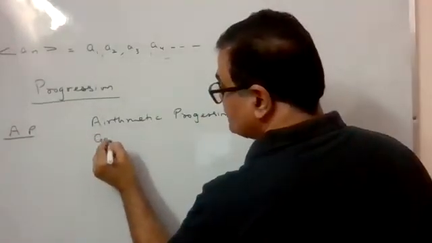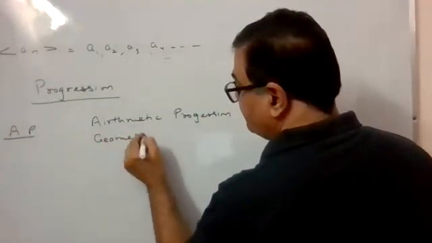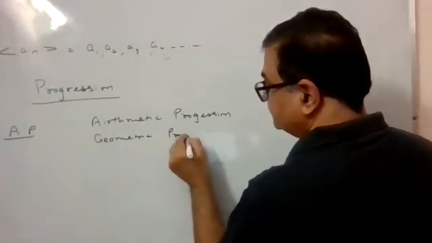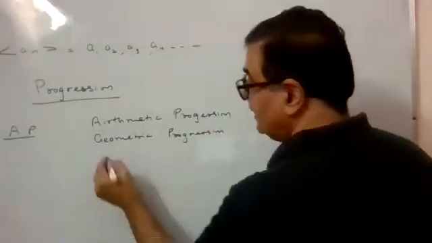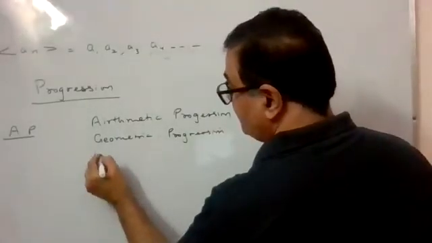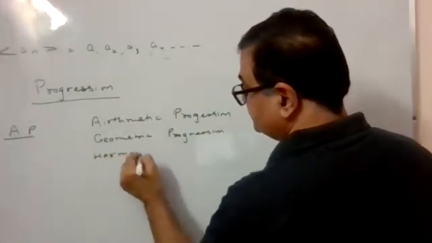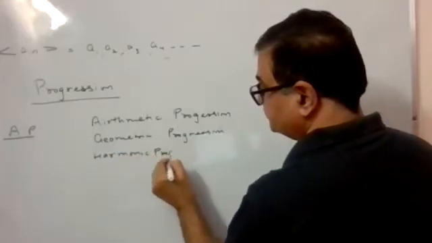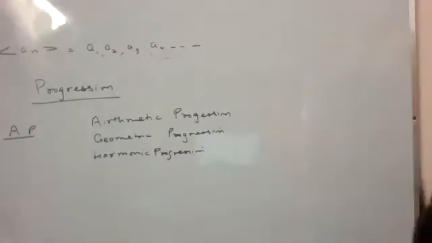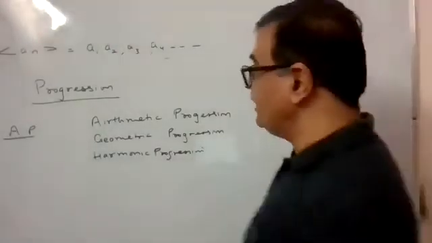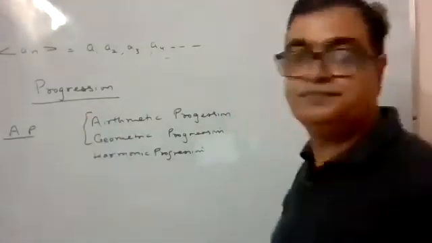Another which we are going to study is geometric progression. And another one is harmonic progression. So 3 progressions we will be having, but only we are going to study these 2.